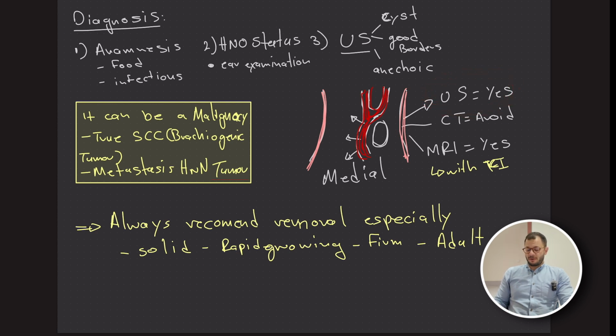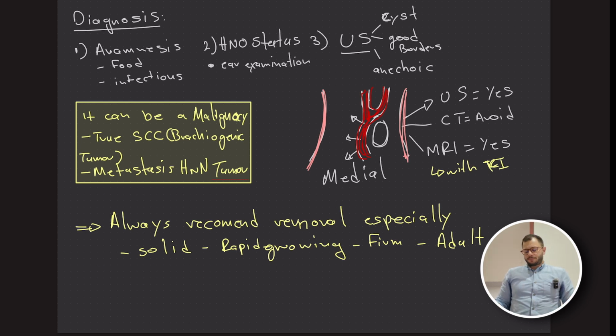It's very, very much recommended to do an ultrasound and an MRI, especially with contrast agents. Now, a CT examination, if your most likely diagnosis will be a brachial cleft cyst, you don't actually need it. Now, the question comes often from the patients if they actually need to remove it.